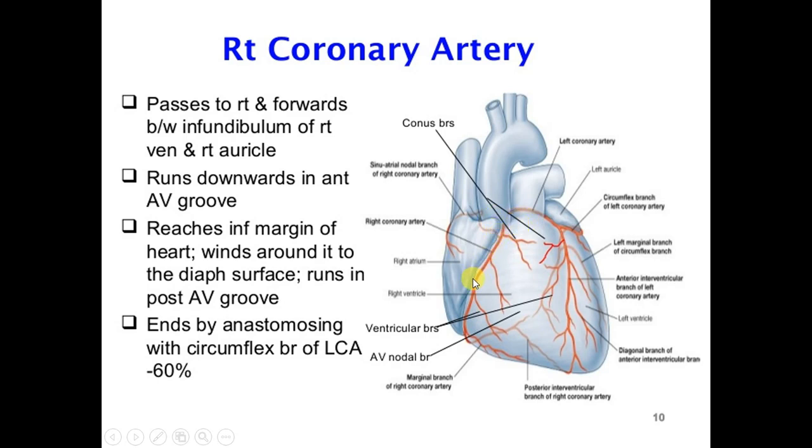Then it descends down the atrioventricular groove. At this margin, it turns down onto the diaphragmatic surface around the atrioventricular groove, ending with the circumflex branch of the left coronary artery in 60% of cases. Here the anastomosis with the left circumflex artery is shown faded posteriorly.